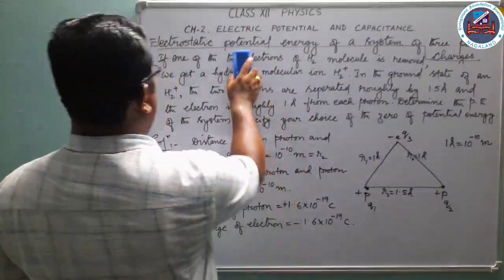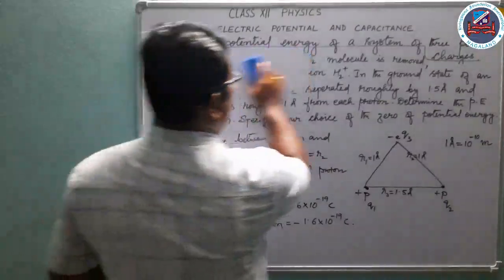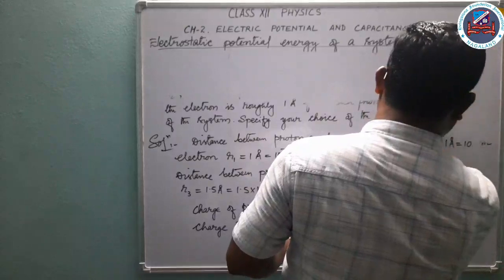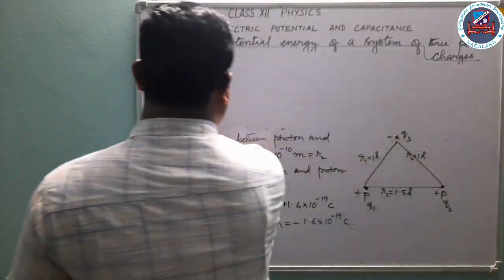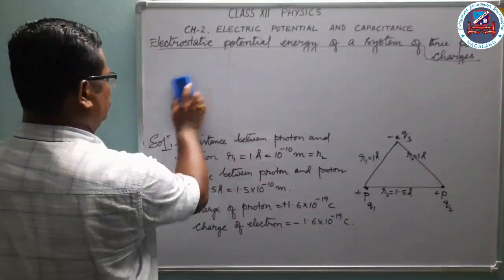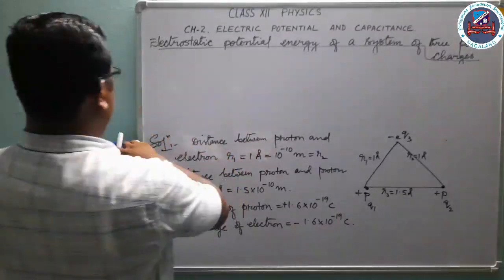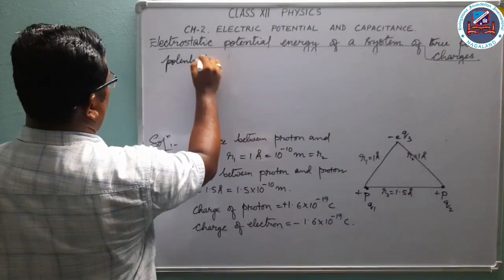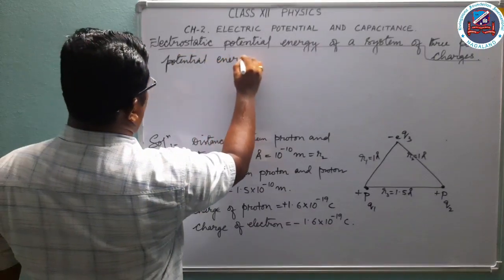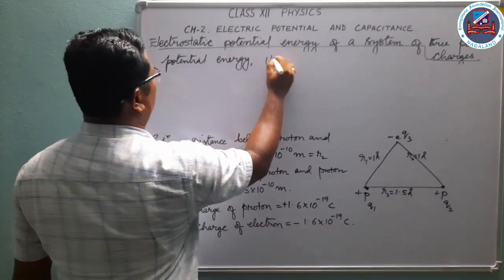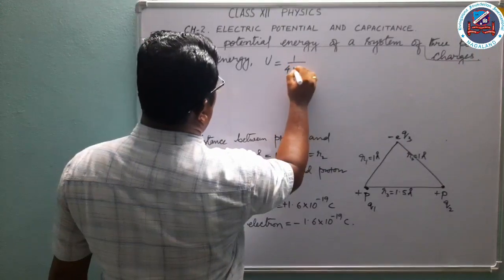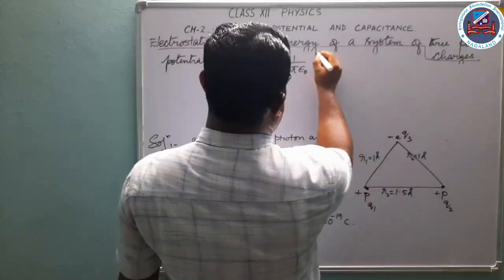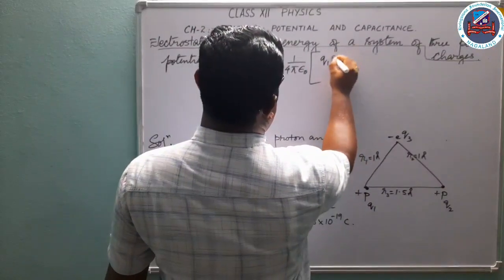Then potential energy U is equal to 1 by 4 pi epsilon naught Q1, Q2.